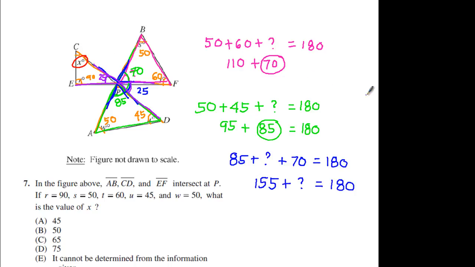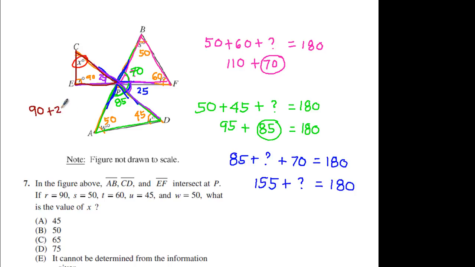And looking now at this triangle, looking now at this right triangle, we know this angle is 90 degrees. This angle is 25 because that is vertical to this angle which we have just computed to be 25 degrees.